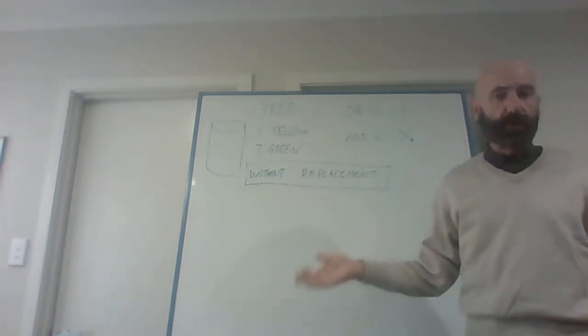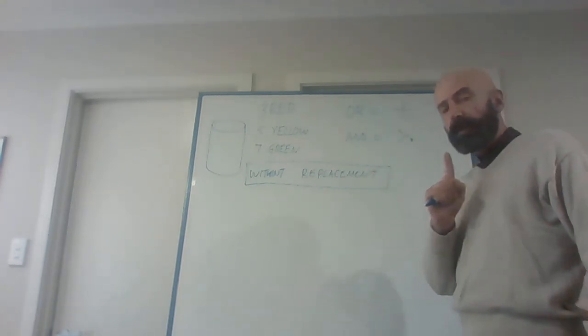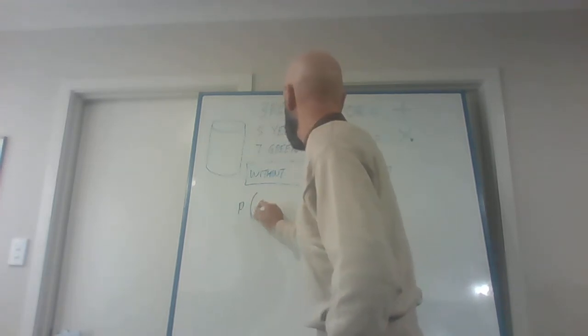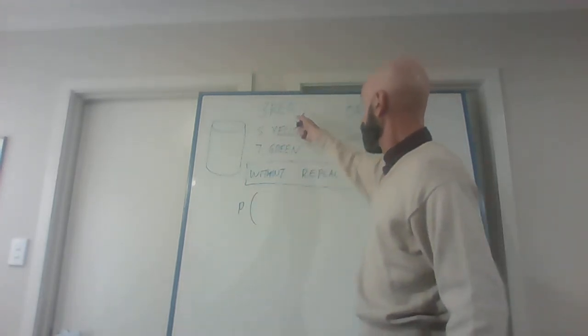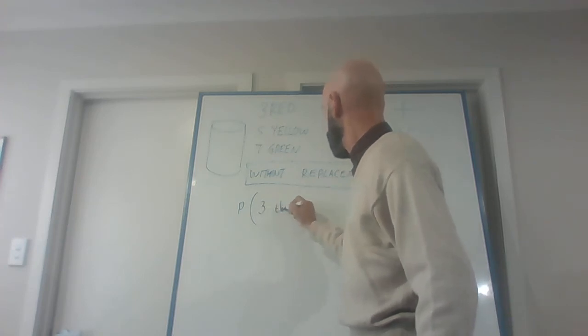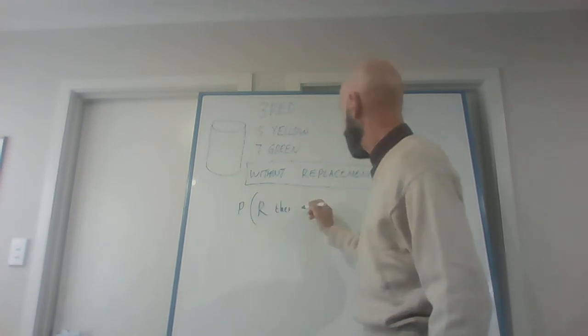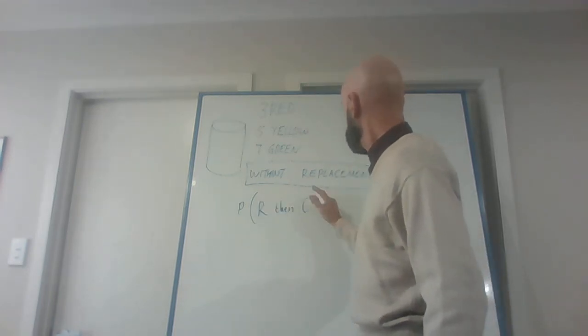Okay. Now, same rules apply, but there's just the slightest wee difference this time. What's the chance of me getting the probability of pulling out a red one, then red, then yellow?